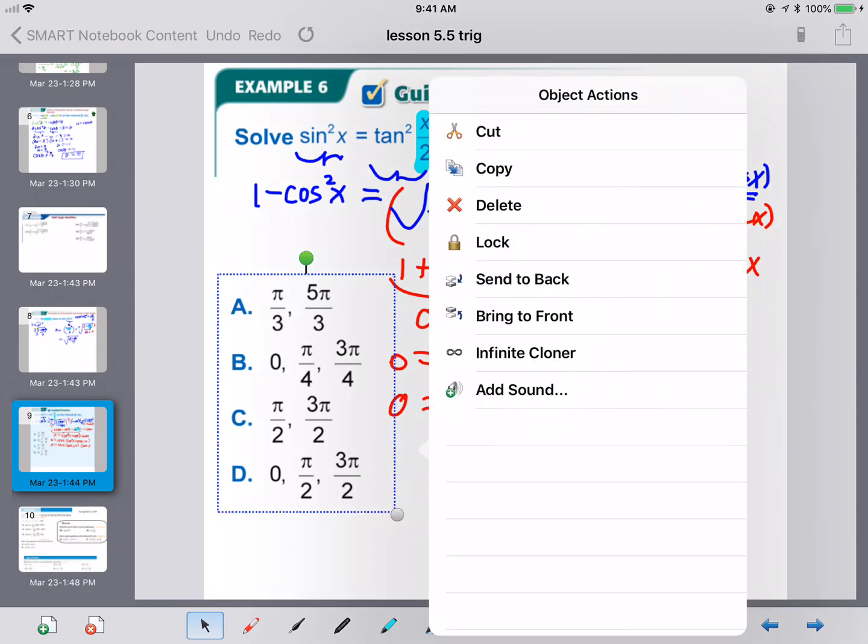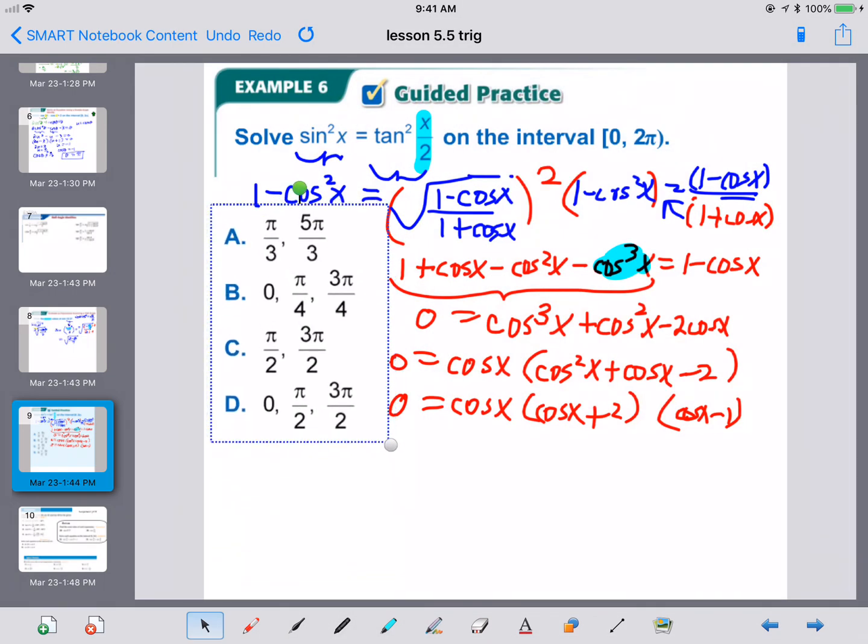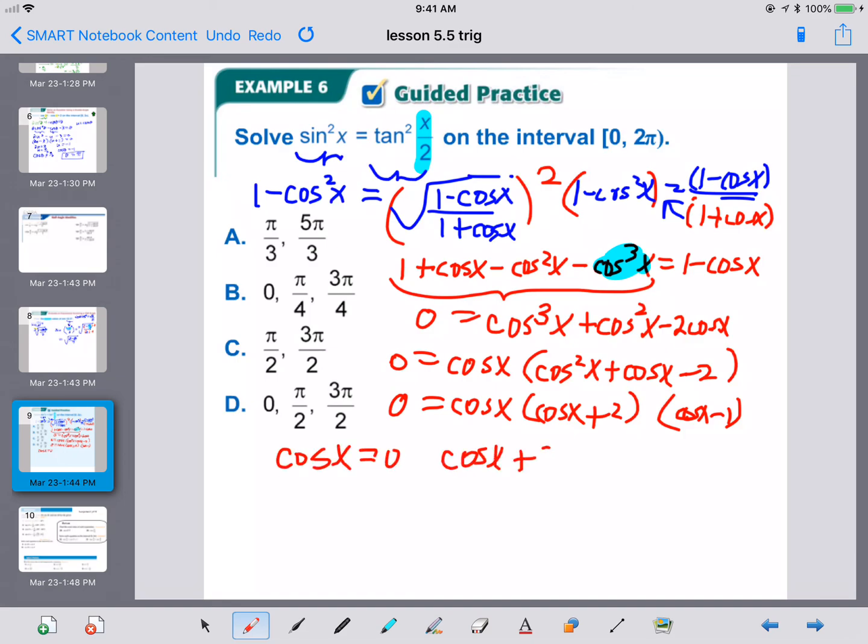So we're looking at where is the cosine of x equal to 0? That's the first one. Where is cosine of x plus 2 equal to 0? Where is cosine of x minus 1 equal to 0? Now the first one is solved for us, but remember, we're not done. You have to ask yourself, where does that occur on the unit circle? The cosine is equal to 0 in 2 places, 90 and 270, but leave that in radians for me, pi over 2 and 3 pi over 2.